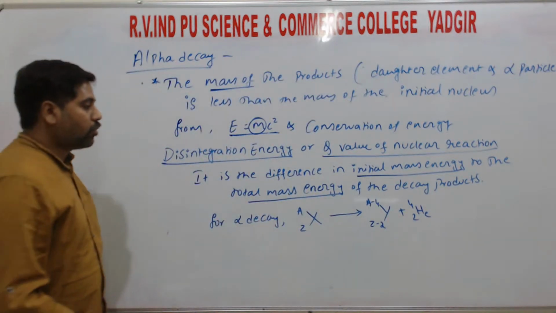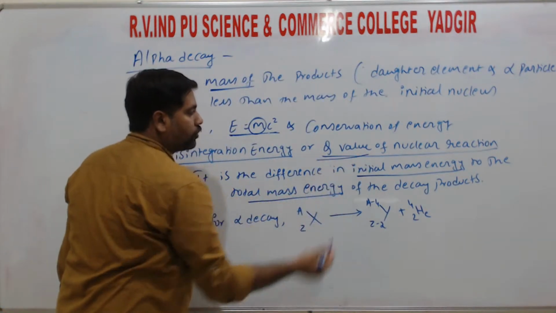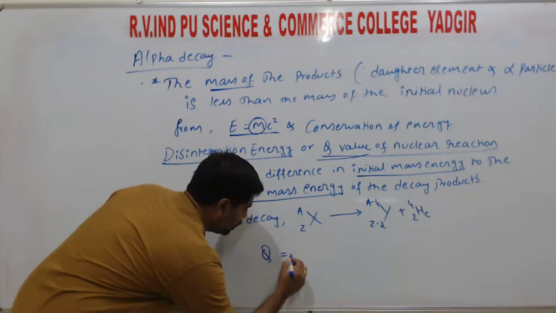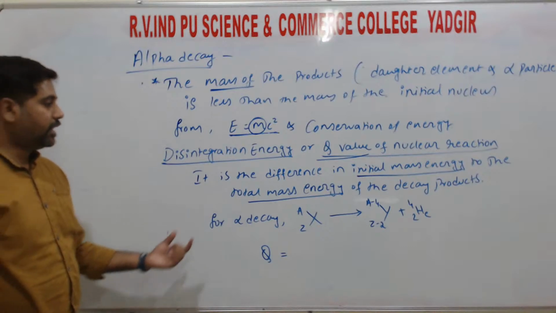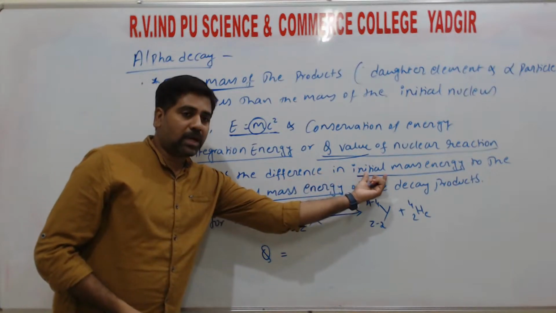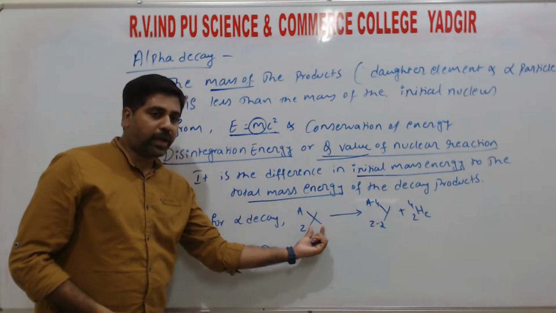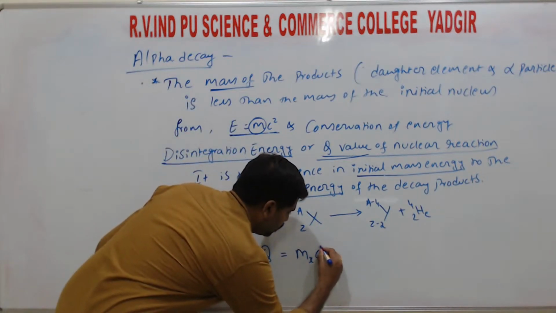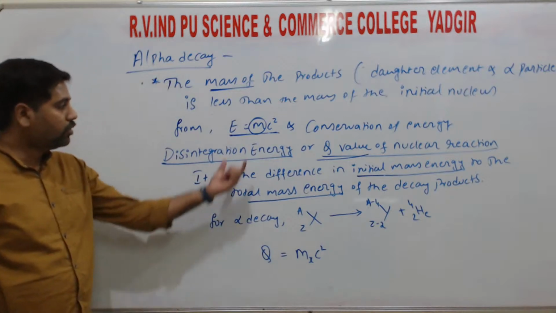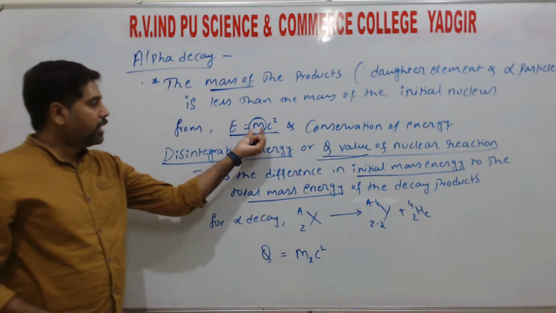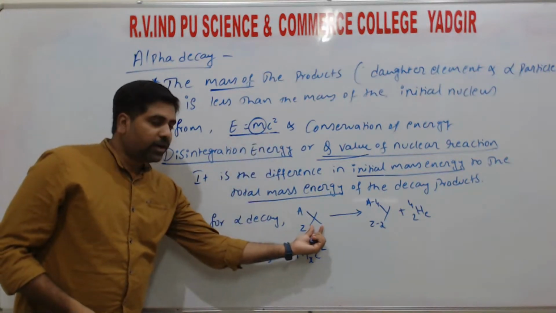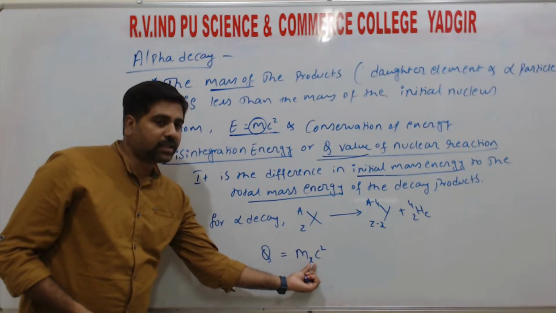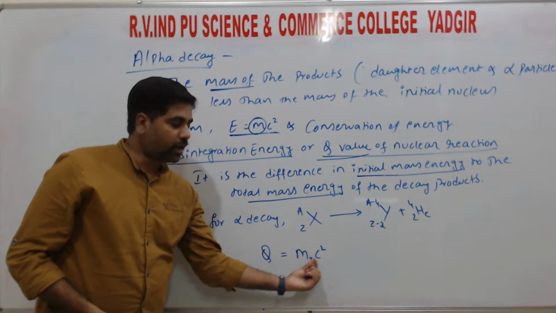Right? Now we are writing the Q value of the nuclear reaction. For that, Q is the difference in the initial mass energy, that means the mass of this parent nuclei, mx c square, right? By using E is equal to mc square, here m is the mass of the parent nucleus, indicated by x, so mass of the parent nucleus mx into c square, right?